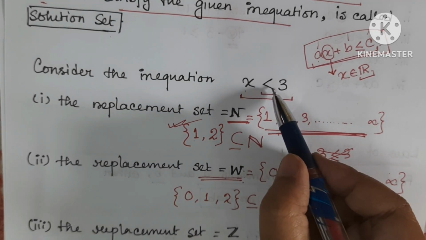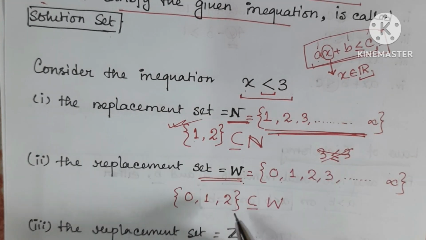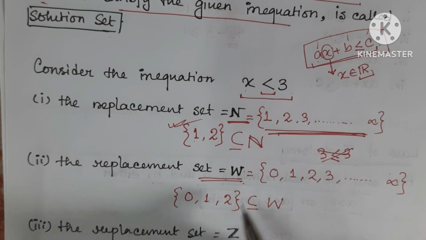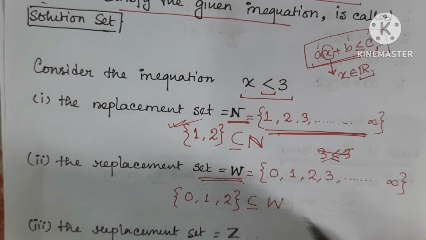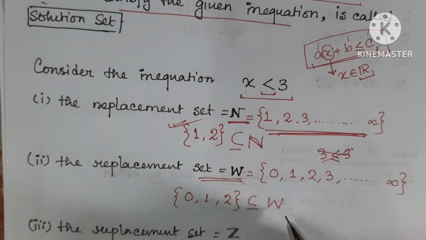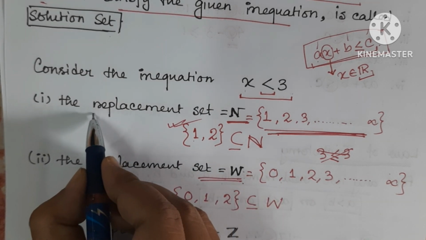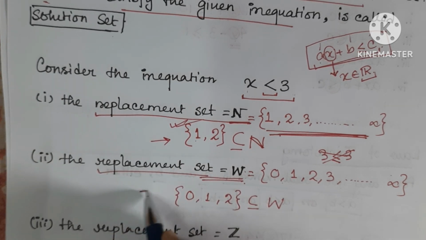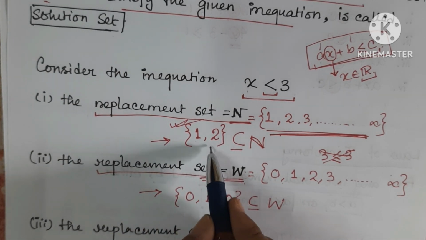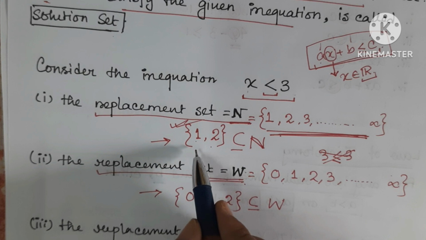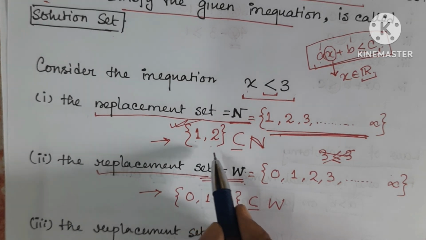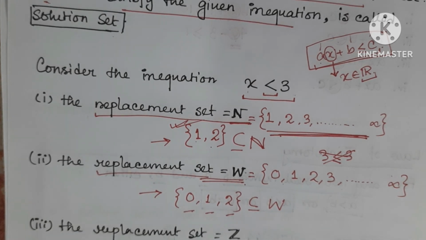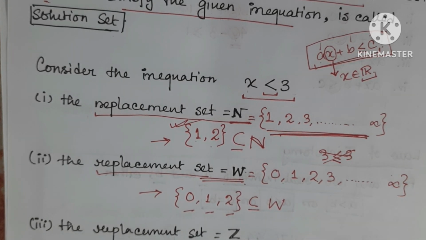Here 0 is less than 3, 1 is less than 3, 2 is less than 3. So, it is satisfying the given inequation, right. And another thing you see, if you change this replacement set, the solution set will change. Here it is 1 and 2, two members in this solution set, and here 0, 1, 2, there are 3 members in the solution set.